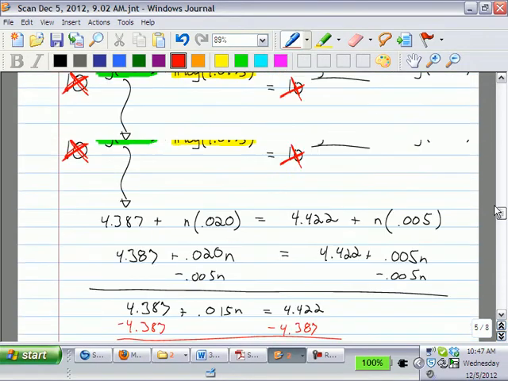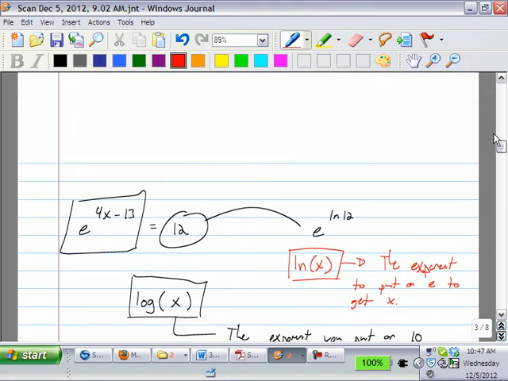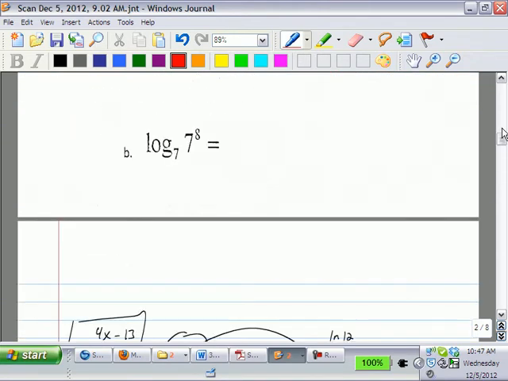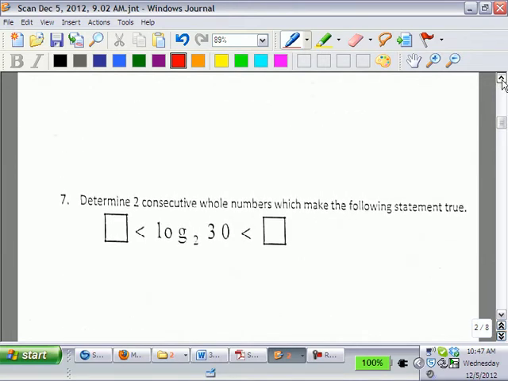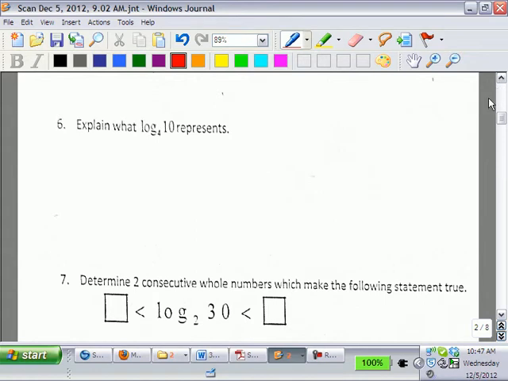Okay, so number 6. If I just write log 57.